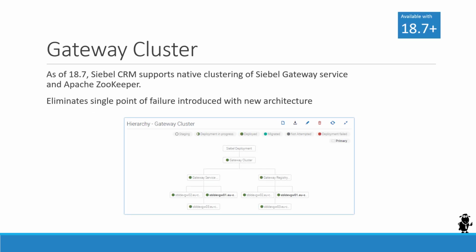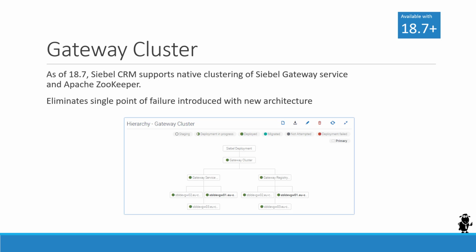The gateway cluster was available officially with 18.7, and this is a feature that relies on the ZooKeeper clustering and allows customers to eliminate the single point of failure that was introduced with the new Siebel architecture in 17.0.